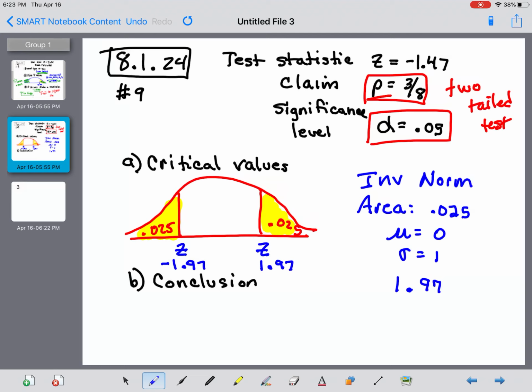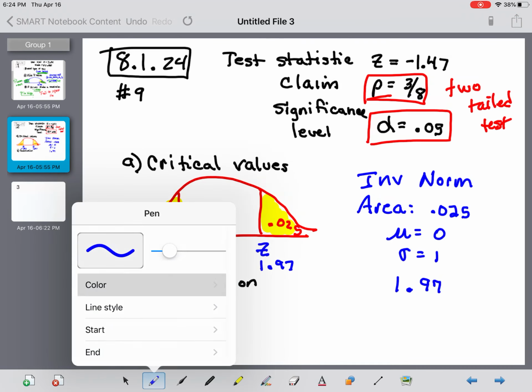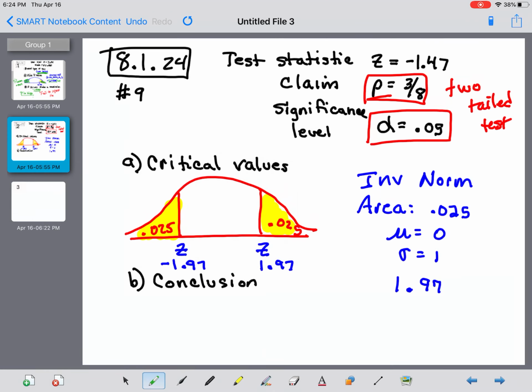Now we have a test statistic of negative 1.47. Where would negative 1.47 be? It's going to be right about here. If it falls in the middle, in between those two critical values, then we cannot reject the null hypothesis.